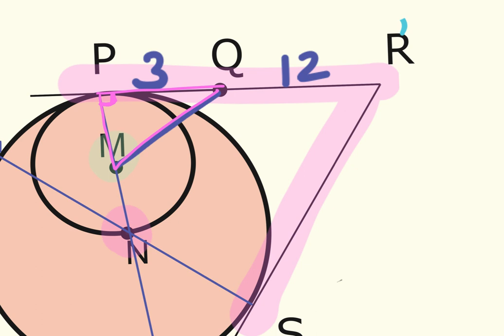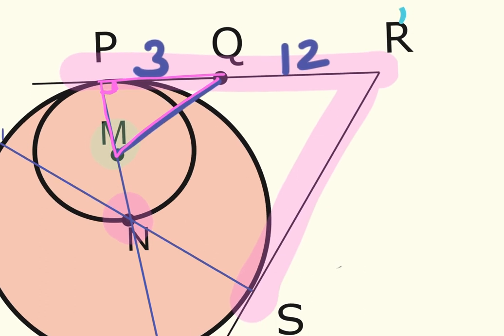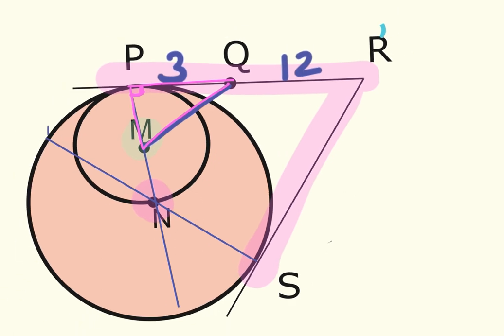PQ was 3. But then MP is the radius of the small circle. If the whole circle diameter is 16, then N to P is 8, and then M to P is 4. And then it's a 3, 4, 5, right?